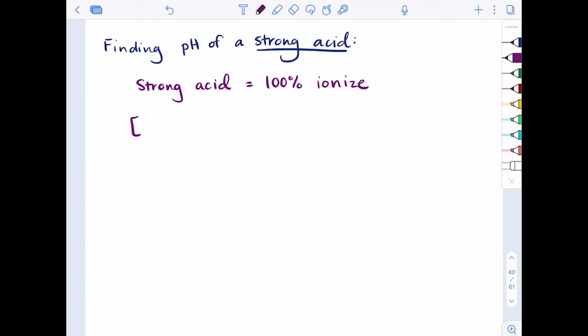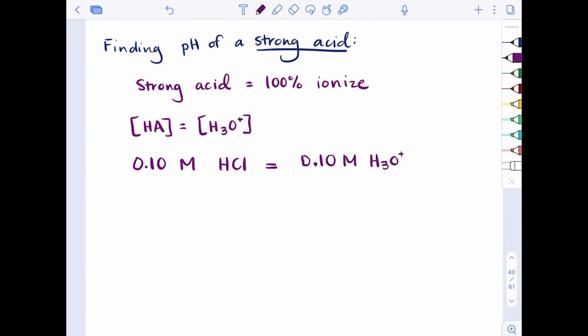So that means the concentration of that strong acid is going to equal the concentration of hydronium because it completely ionizes in the solution. So if we had, let's just say, a 1.0 molar HCl solution, that literally means that we have a 1.0 molar H3O+ solution. So we can take that straight into our negative log of the hydronium concentration and find the pH, all right?